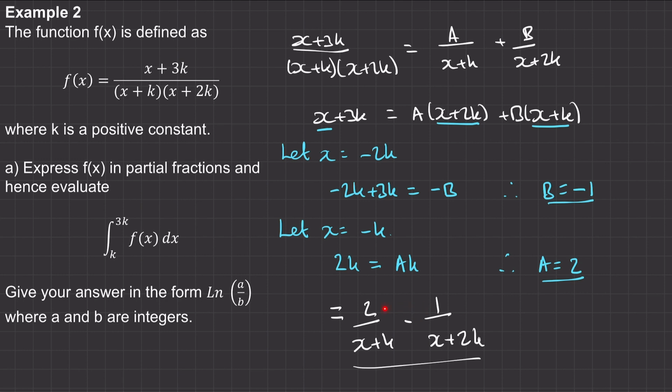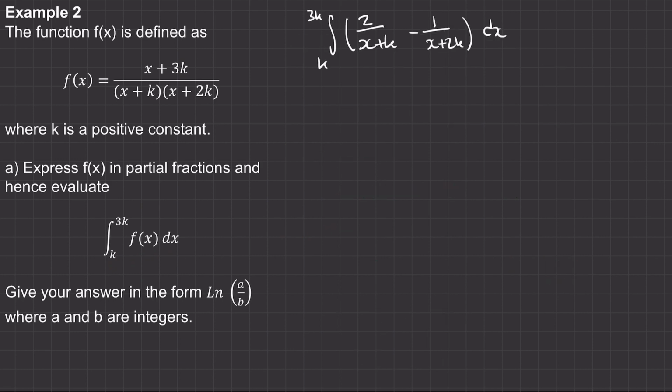Now we need to integrate this partial fraction form to carry out this integral here. So again, I'm going to carry out each of these integrals separately. So we'll have the first one, the integral between k and 3k. And because this is 2 on the top, a multiple of 2, we'll bring a 2 to the front, and this will be 1 over x plus k with respect to x.